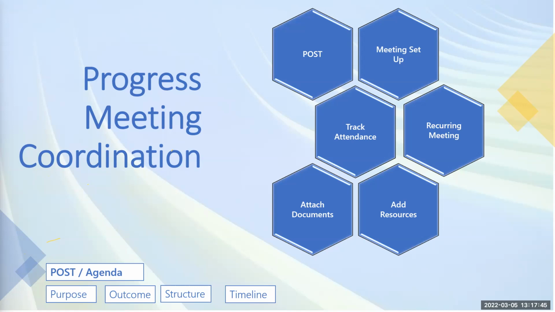The only thing that might be different is the type of changes coming into the session. So you tend to change the information coming into the meetings, but your post must always be there: a purpose for this meeting, an outcome we want to get from it, a structure that has been assigned to it, and a timeline.